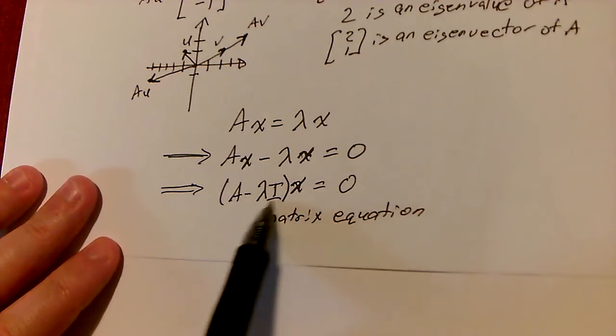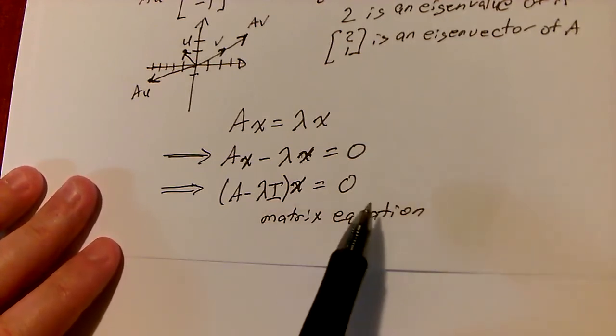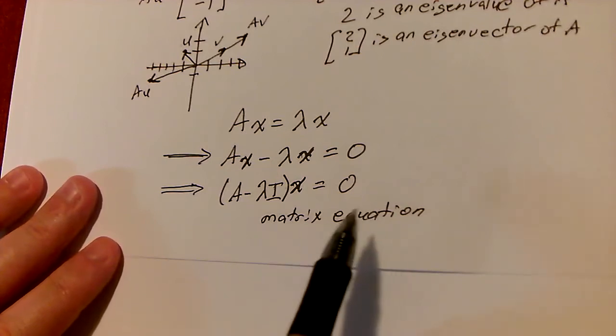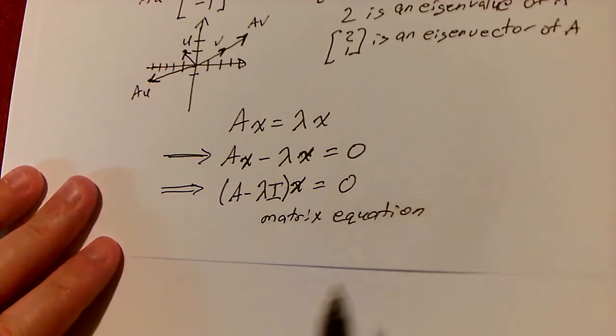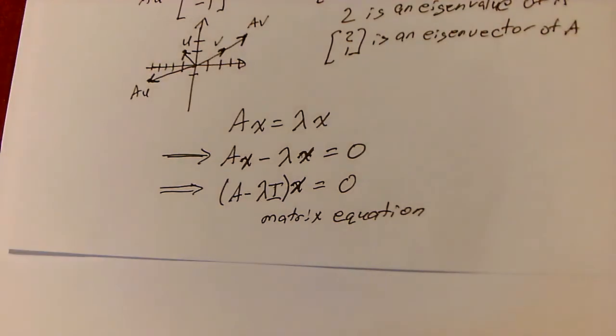And this we should recognize is a matrix equation, and we know how to solve matrix equations. We know how to determine the solutions. We've written solution sets in each of chapters 1, 2, and 4. Chapter 3 just dealt with determinants, so we didn't talk about them there. We've been writing solution sets, whether it's for a vector space, a system of equations, a matrix equation, a vector equation, etc. We have all of those tools.